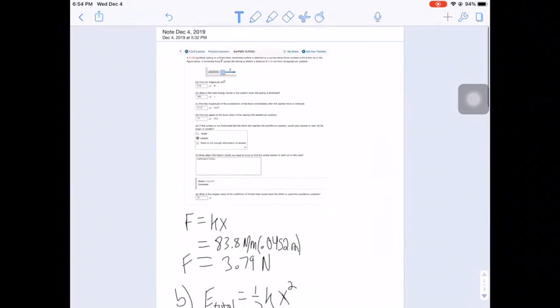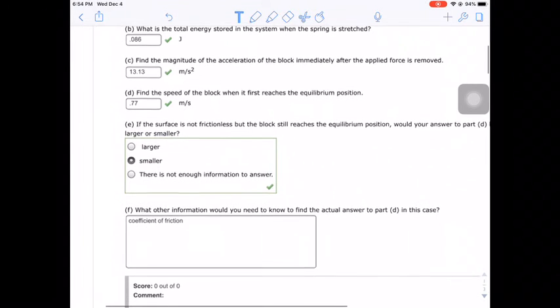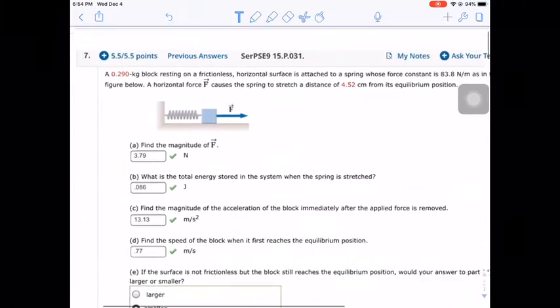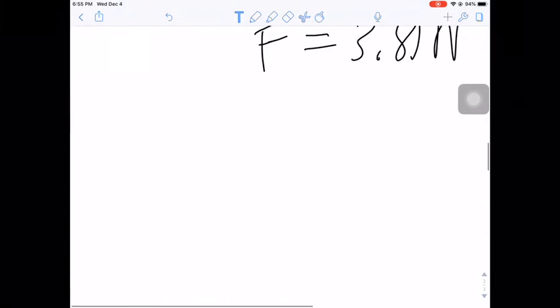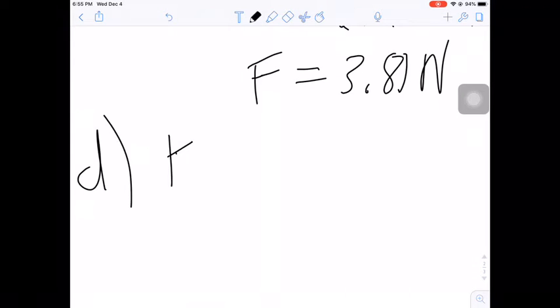Part D asks to find the speed of the block when it first reaches the equilibrium position. As we know, when things oscillate, the speed is at its max when it reaches the equilibrium point, and the acceleration is at its max at the end, at its max stretch. So it will be at its fastest when it reaches the equilibrium position. To find this, we can use energy. We can say that kinetic energy is equal to work.